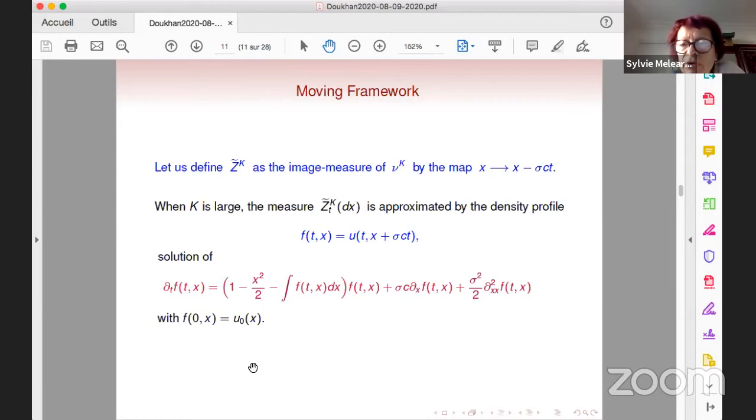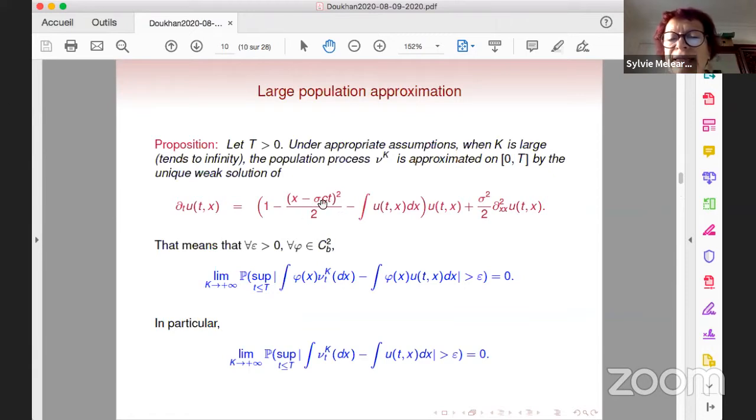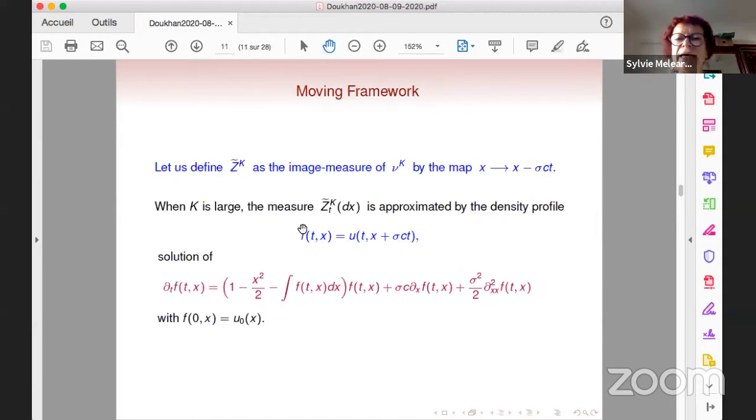So now I will consider the moving framework. So here I was in the fixed framework, and then the environment was moving, but now I want to work in the environmental moving framework. That means that I consider a change through this map, which to x associates x minus sigma ct, and we can prove that when k is large, this new measure is approximated by a new density profile, which is obtained from u, of course.